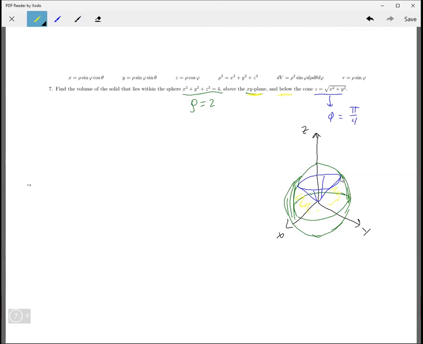So between the cone and the plane, this is the outside boundary. The plane is the bottom boundary, and the cone is the top boundary. And you have this region in here that goes all the way around the cone. Hopefully you can visualize that.